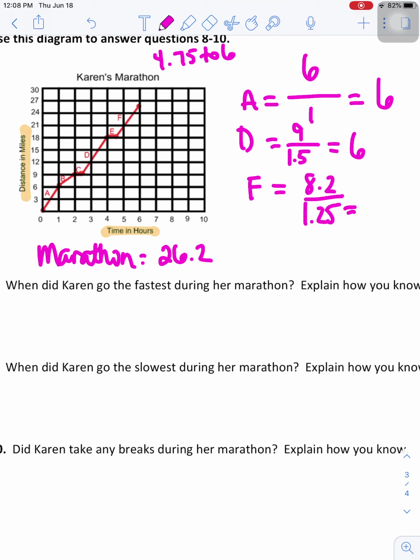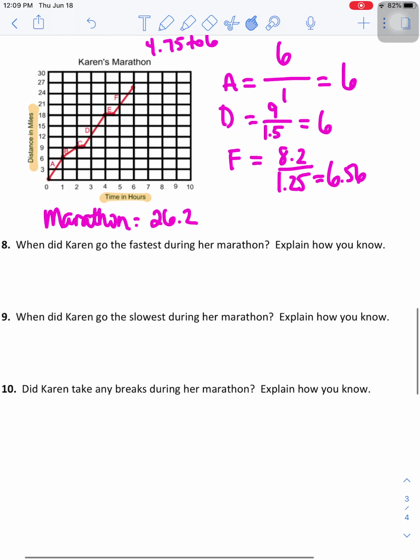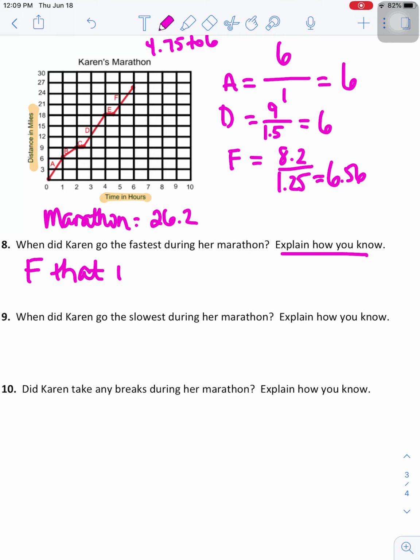And then if we divide those two values, we get a slope of 6.56. So when we're being asked, when did she go the fastest? If we compare these slope values, the fastest was during time F. And how do we know? That is when the slope was the largest.